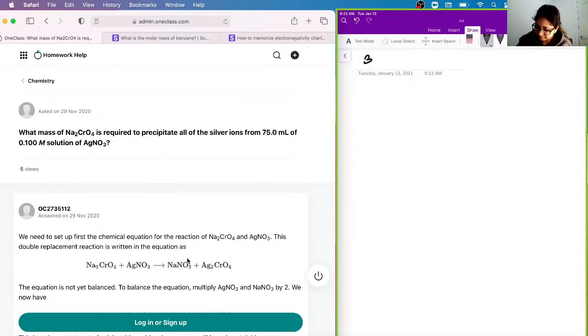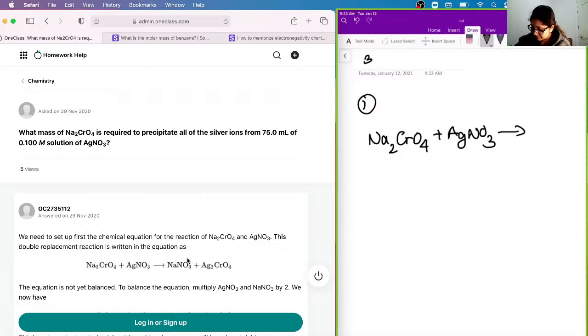So the first part, you need to come up with a chemical equation. So we have Na2CrO4 plus AgNO3.